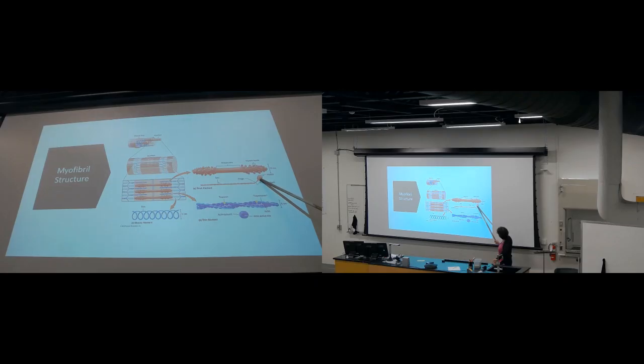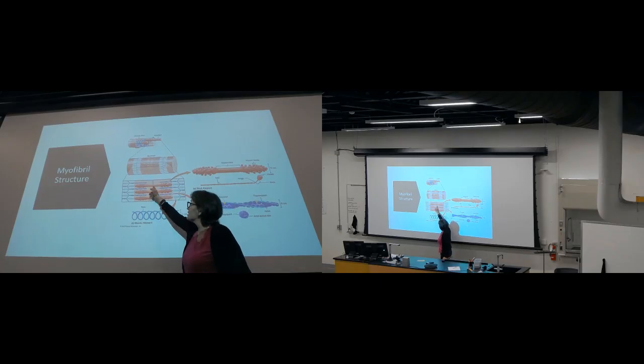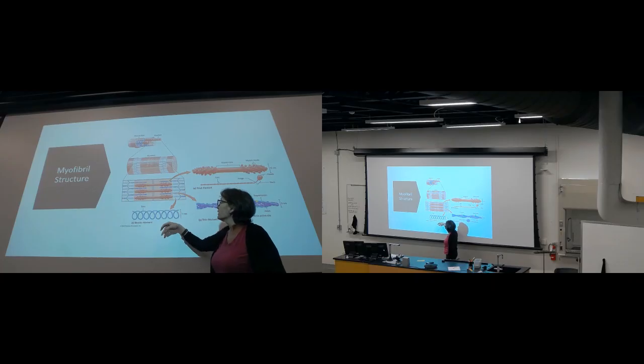And then after you have this physical contact, actin slides toward the center of the A band, decreasing the length of the I band. And then you will have the Z discs, which are these, going towards the center of the sarcomere, and then you have contraction.